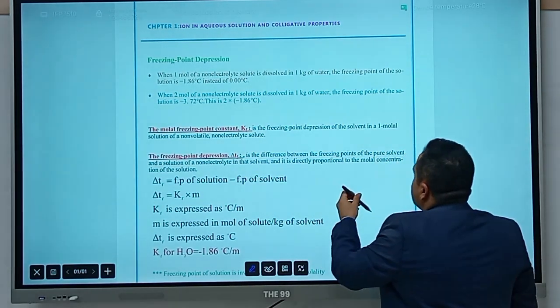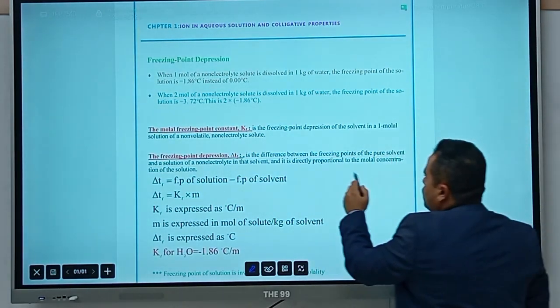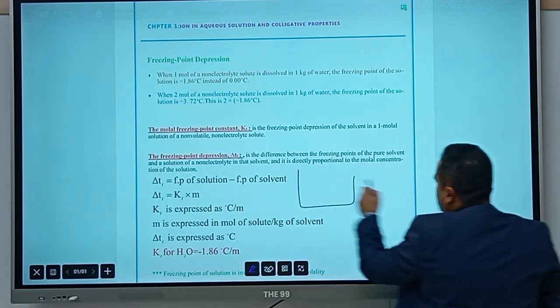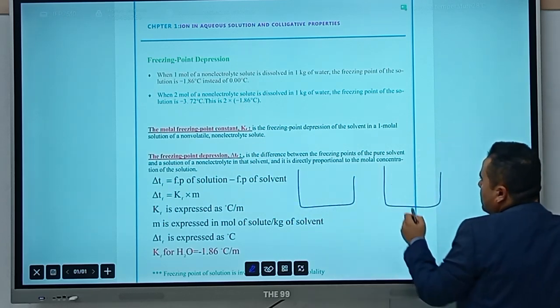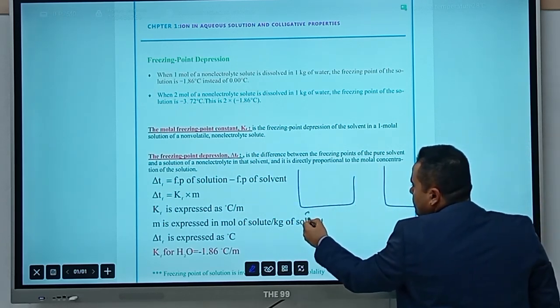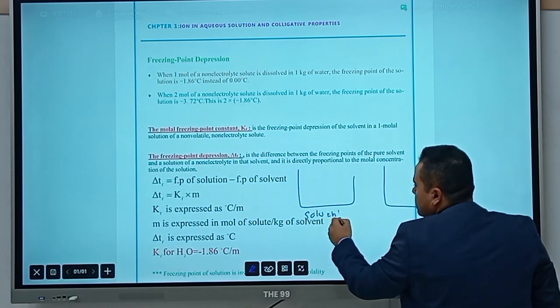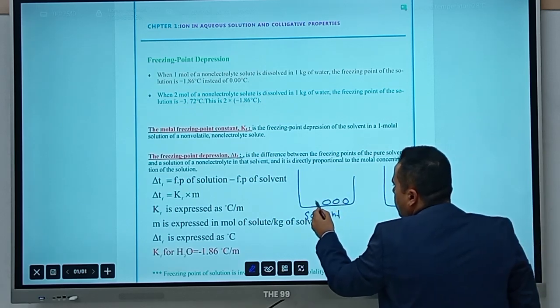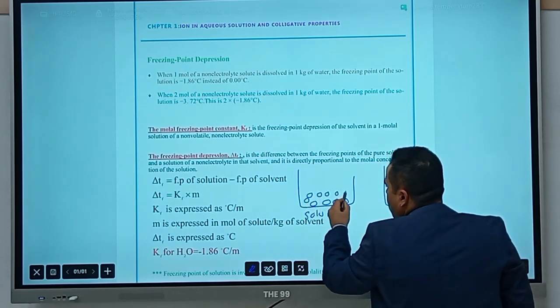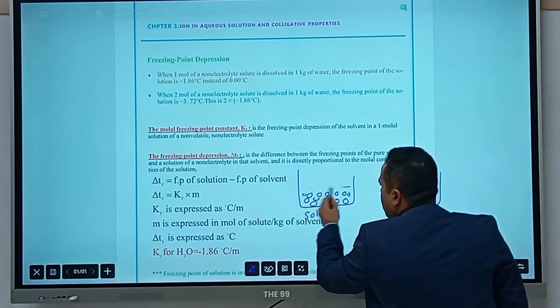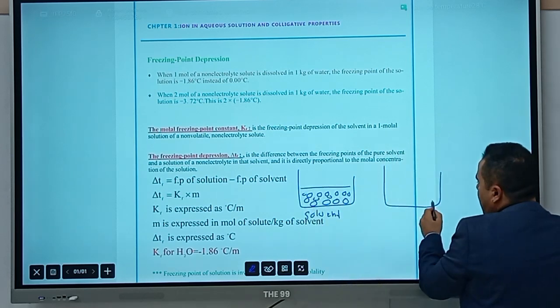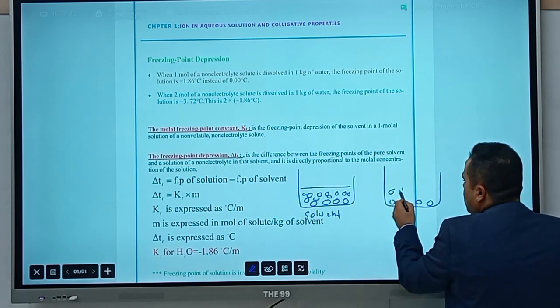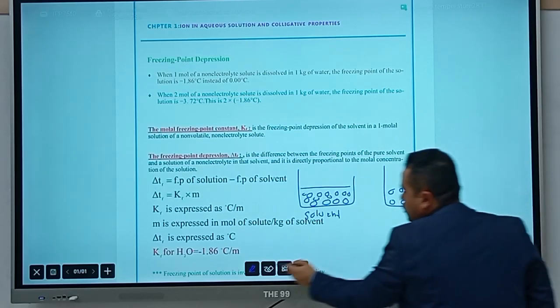Guys, suppose we have two solutions, or a solvent and a solution. Here the solvent is pure H2O. And here we have got H2O with the solute, which we call the solution.